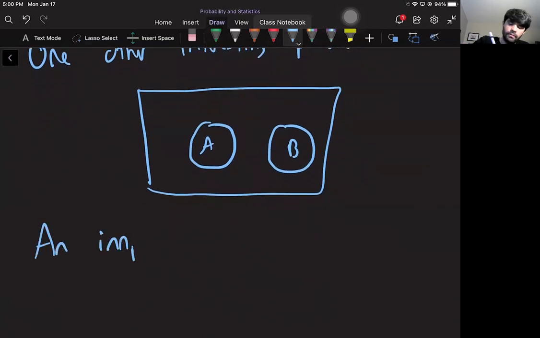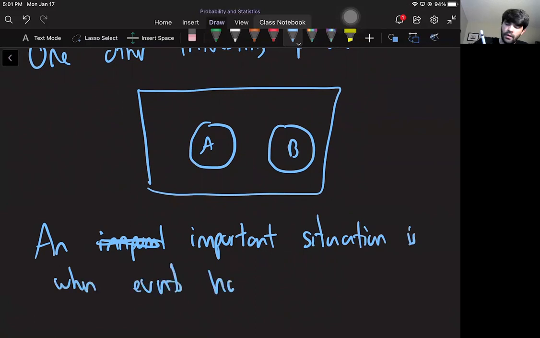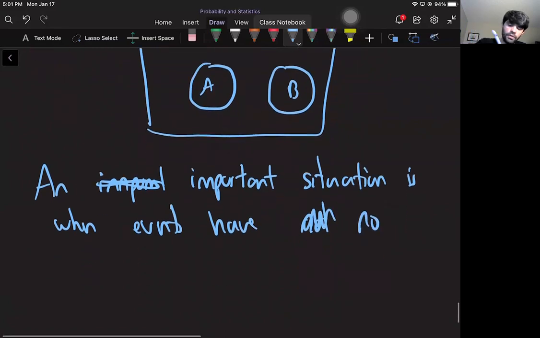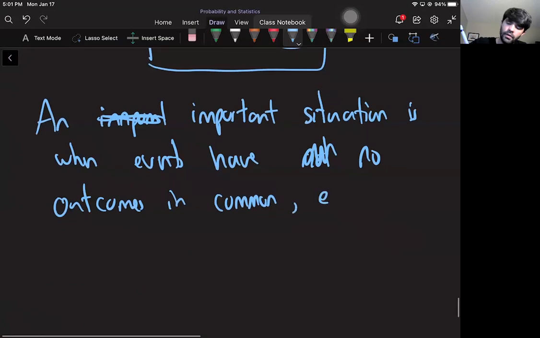Okay, so an important situation is when events have no outcomes in common, in other words, no intersection at all.